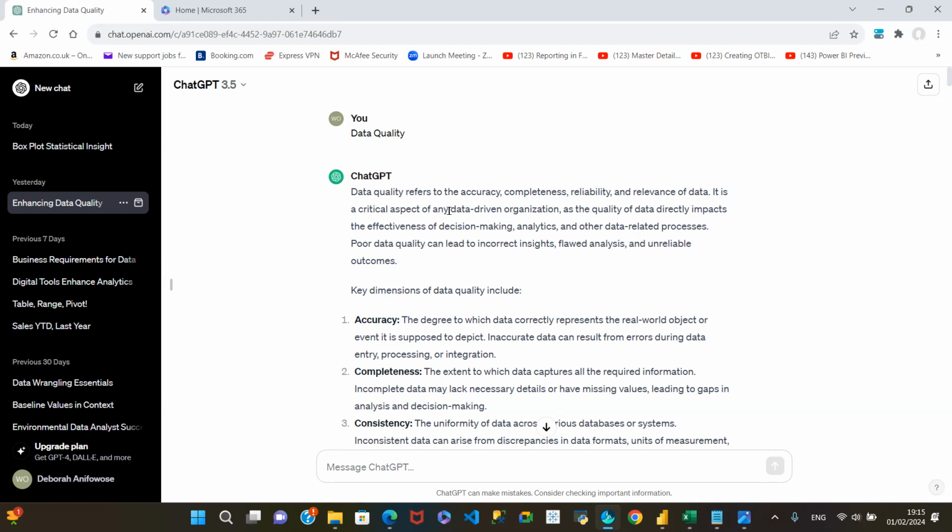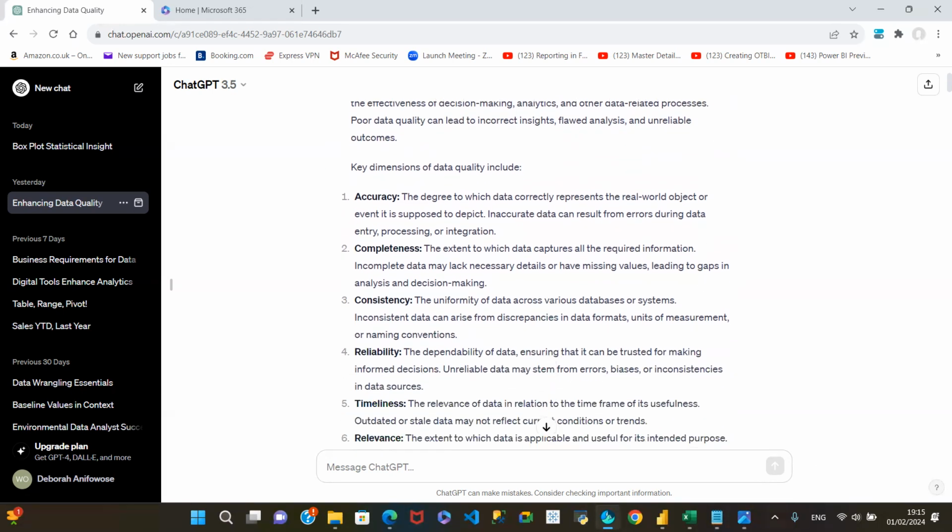So it's a very, very important aspect of any organization that uses data a lot to drive their decisions, because the quality of the data would always affect, whether positively or negatively, the effectiveness of the decision making, as well as the timeliness of it. So data quality is huge.